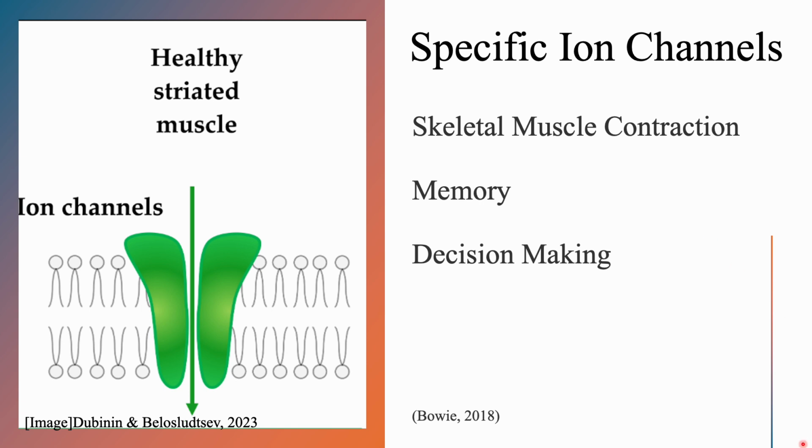The voltage-gated ion channels only let one kind of ion in, while the ligand-gated channels are less selective and allow two or more types of ions to pass through the channel pores. And in the next few slides, we're going to dive into this.